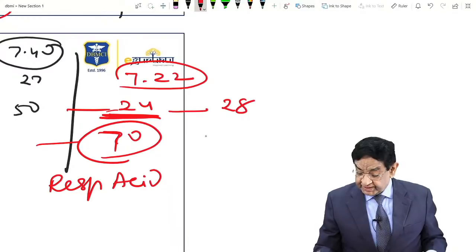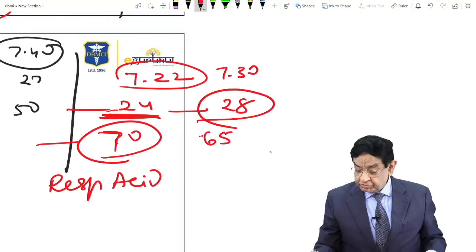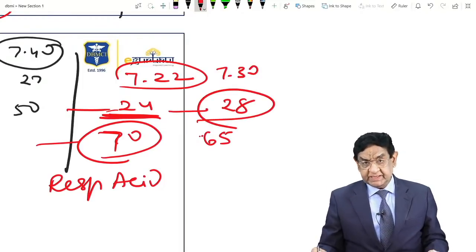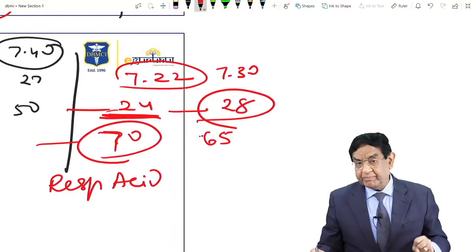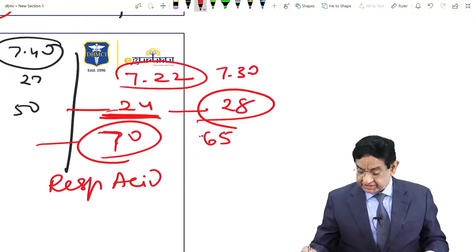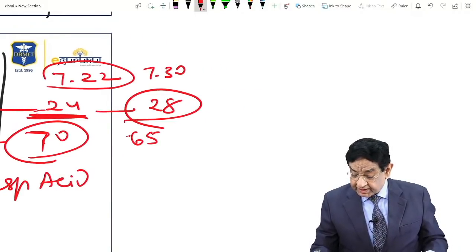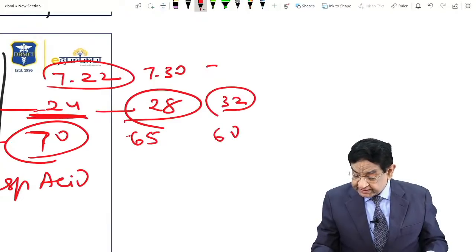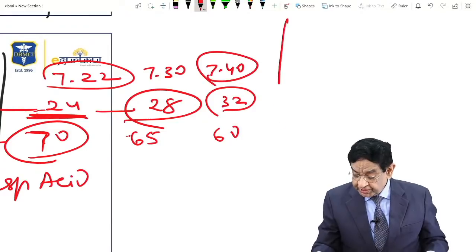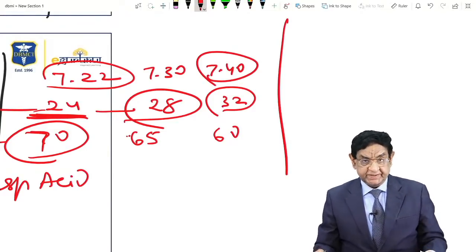In that way CO2 will go down, 7.30. So the kidney is trying to compensate by retaining bicarbonate because the body needs bicarb. Severe acidosis is there, and after some time it becomes 32, this becomes 60 and 7.40. It has been fully compensated.